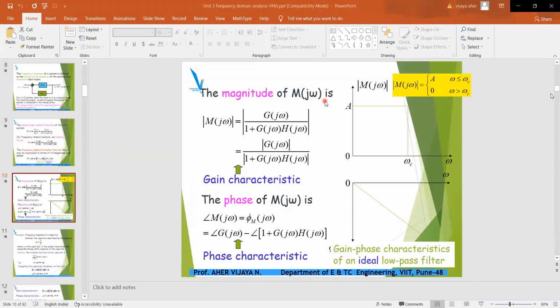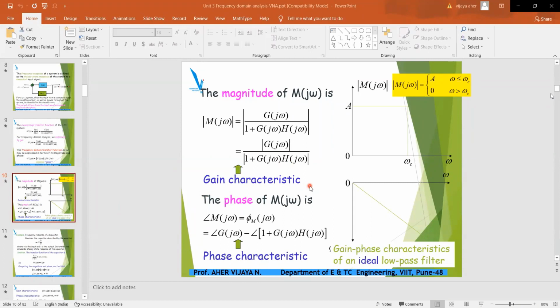So the first term, magnitude, you got it. Now this equation is nothing but the gain characteristics in frequency domain analysis. We are calling this equation the gain characteristics of your transfer function in frequency domain analysis.